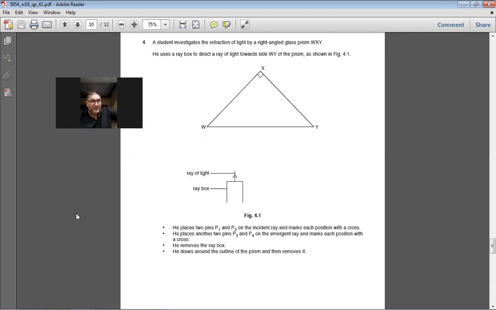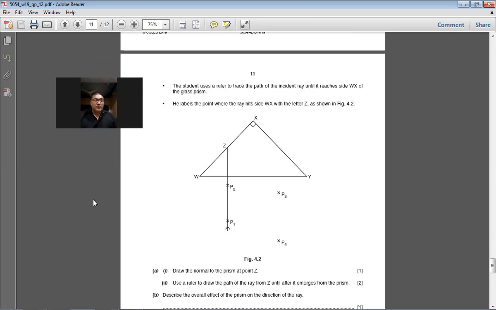He places 2 pins P1 and P2 on the incident ray and marks each position with a cross. He places another 2 pins P3 and P4 on the emergent ray and marks each position with a cross. He removes the ray box. He draws around the outline of the prism and then removes it. The student uses a ruler.